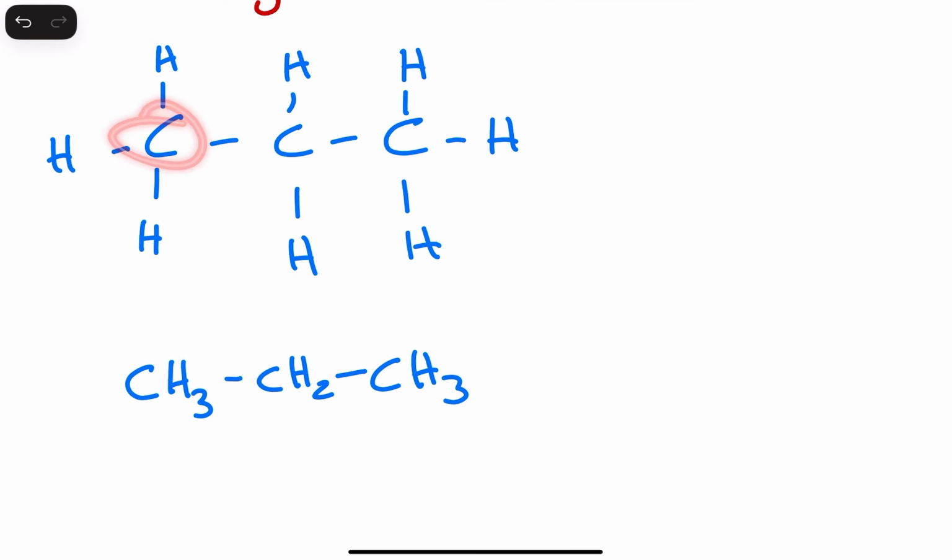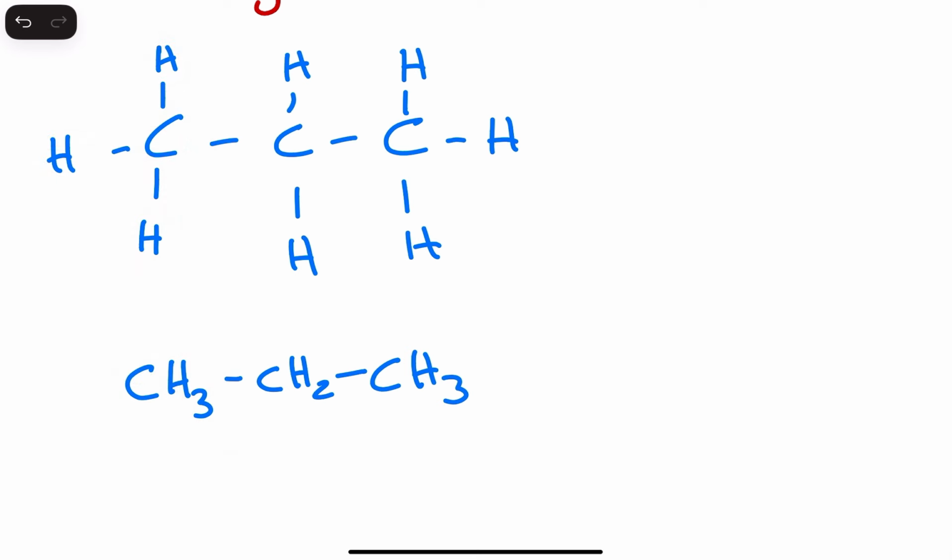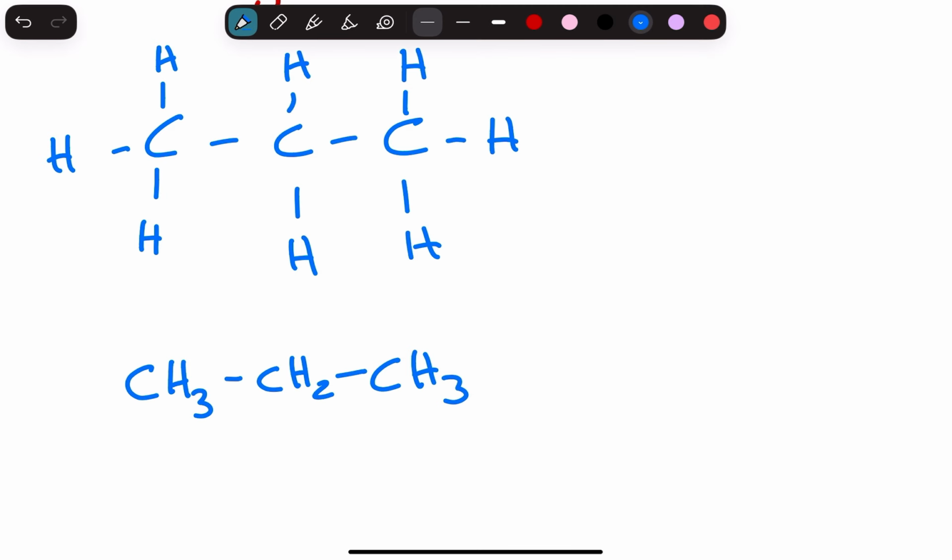So this carbon has 3 H's, so 1 carbon with 3 H's. This carbon has 2 H's because it already has a bond here and a bond here. So it's going to be CH2, and then 1 C and 3 H's. So this would be the condensed structural formula.